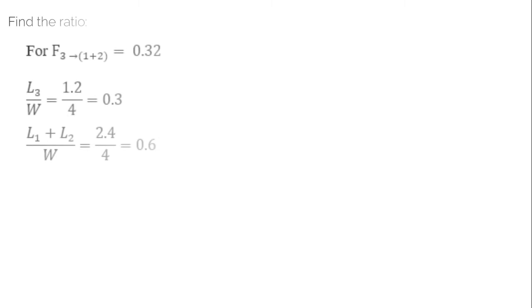After that, we want to find the view factor from 3 to the combination of surfaces 1 and 2. It has the same steps as before. The ratio L3 over W is 0.3 and for the combination surface, L1 plus L2 over W is 2.4 over 4, equal to 0.6.